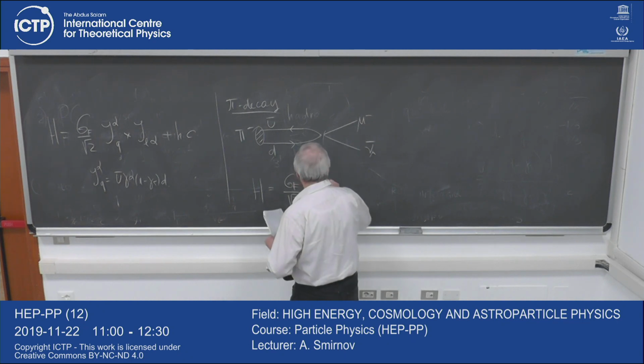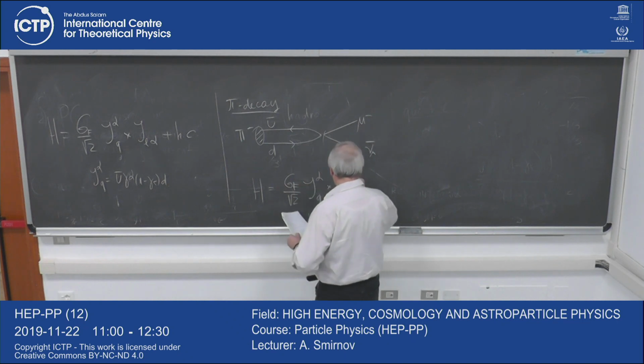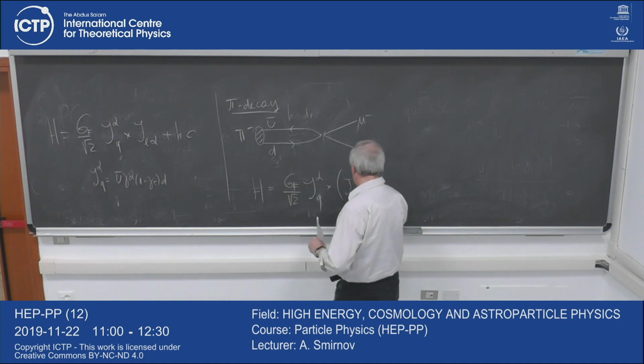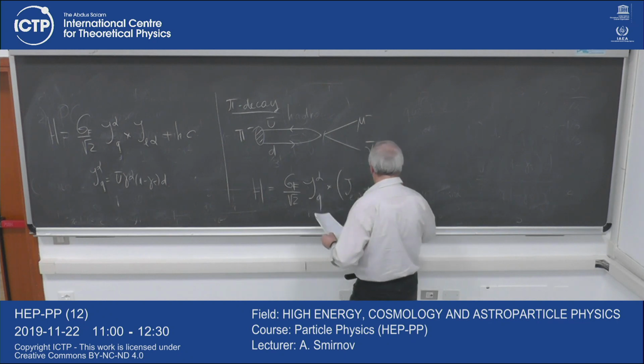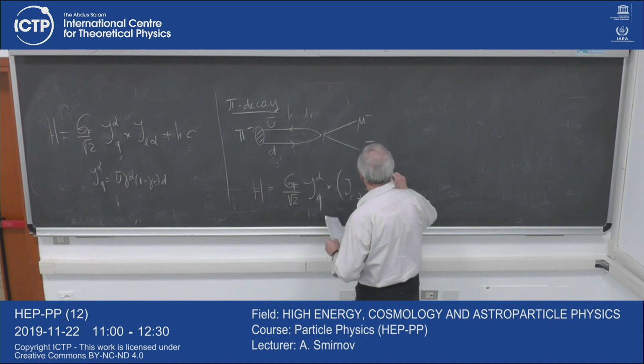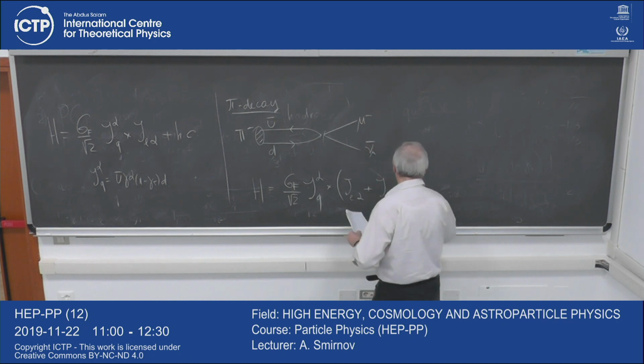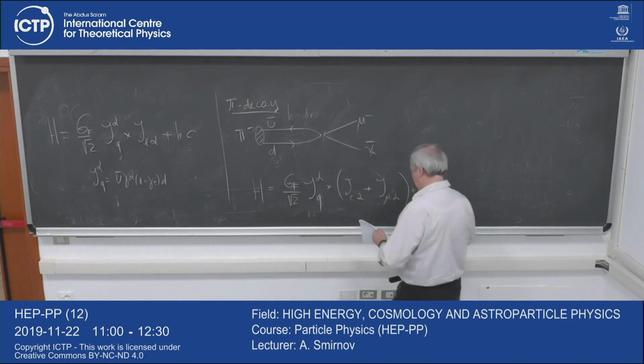Current alpha multiplied, and here I can sum up the leptonic current, the lepton current, plus muon current, plus Hermitian conjugate.